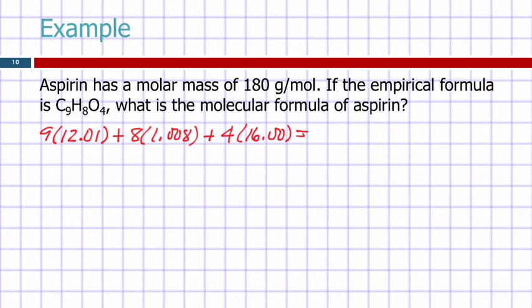So, turn on calculator. 9 times 12.01 plus 8 times 1.008 plus 4 times 16. Well, that's no fun. Did I seriously have this as an example? So the mass of the empirical formula is 180.154.